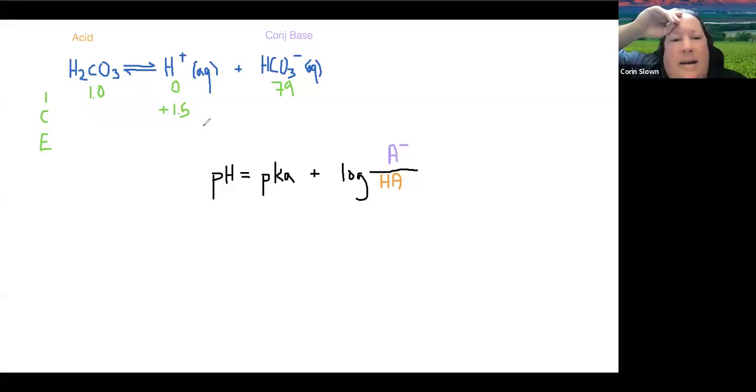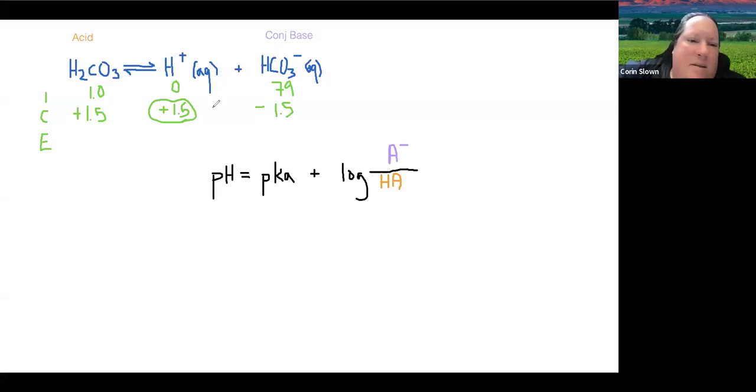So the 1.5 that we add is going to consume 1.5 of our bicarbonate. And it's going to generate H2CO3.